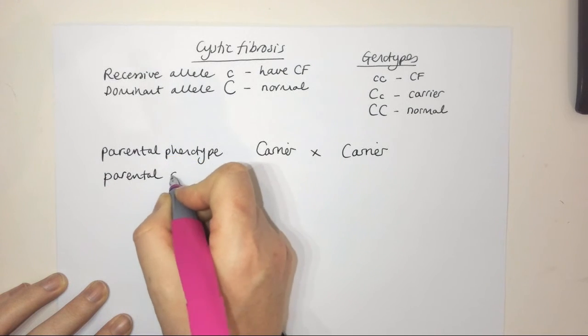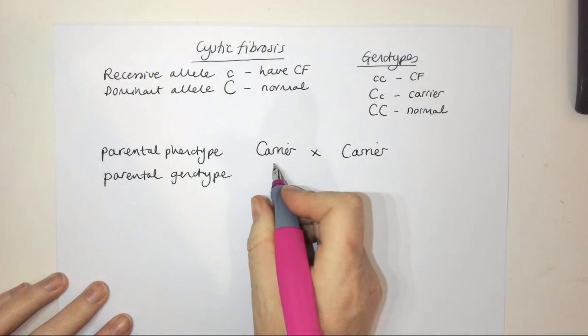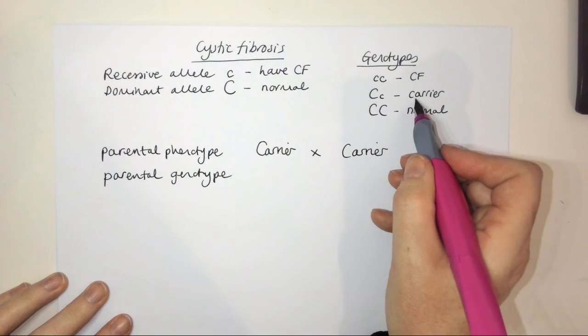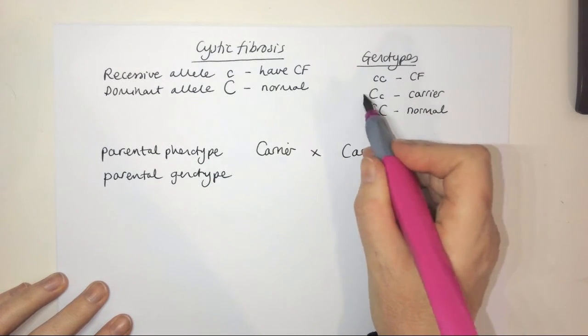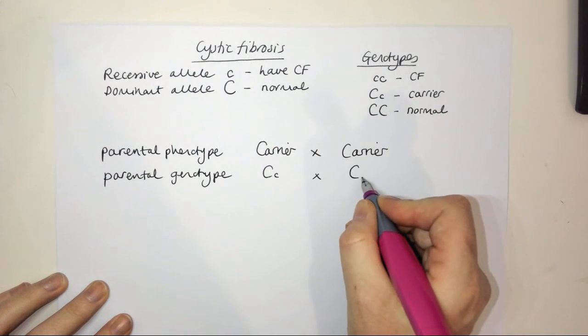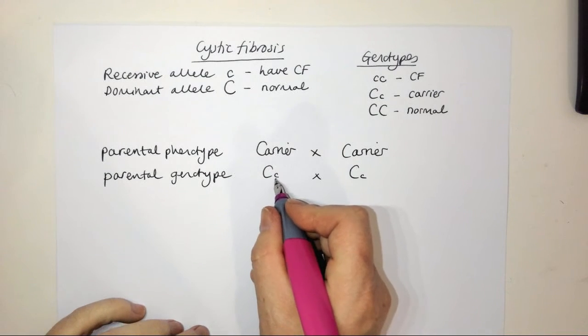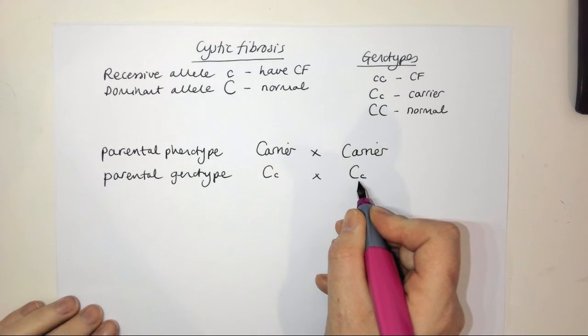Parental genotype. What would the genotypes be? Well, we look at the carrier and we know that has to be the heterozygous condition. Big C, little c. Big C, little c. Because we've got a problem with these letters being very similar, make sure you really exaggerate them.